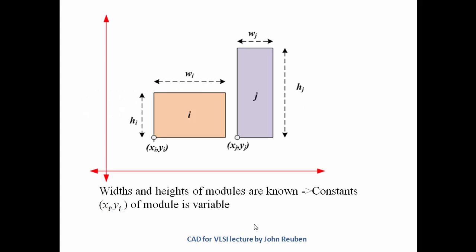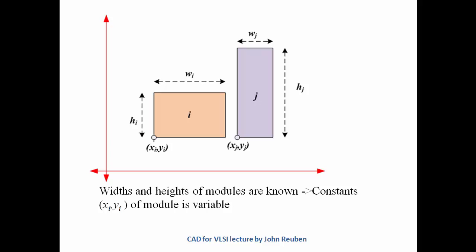So let us take the floor planning problem. We are in this space, and we have modules i and j. The coordinate of the lower left corner of the module is denoted as xi comma yi, okay, and so for the module j we call it xj comma yj.